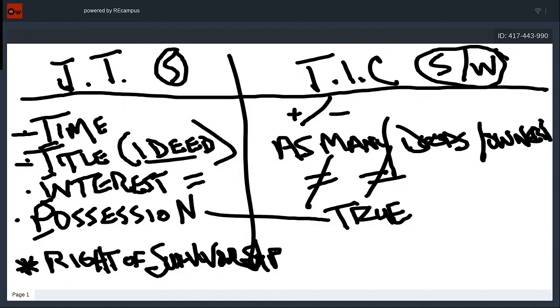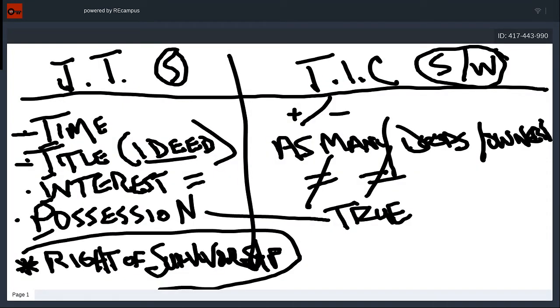Now, the right of survivorship. Let's show you what this means. Picture me and my 3 sisters standing in front of you. And we're all 4 holding a glass that is 25% full of water, the water being symbolic of our interest in the property. One of my sisters passes away.